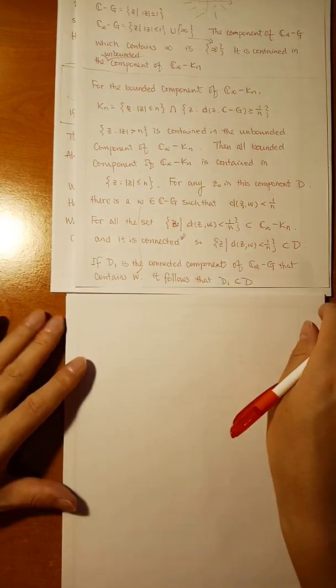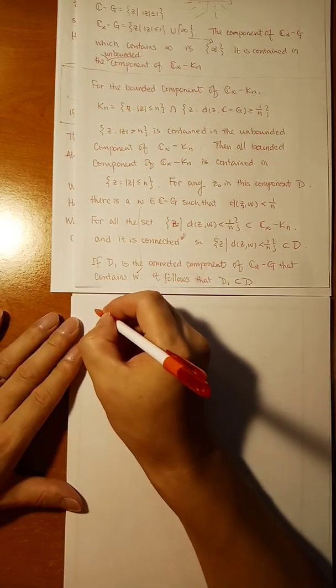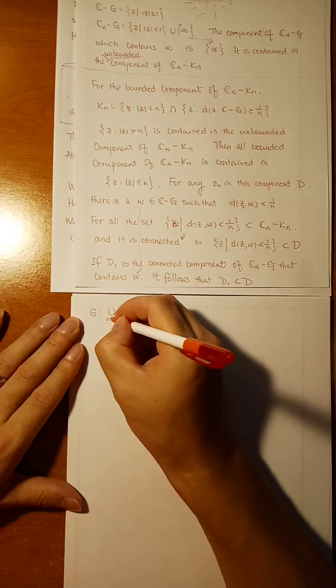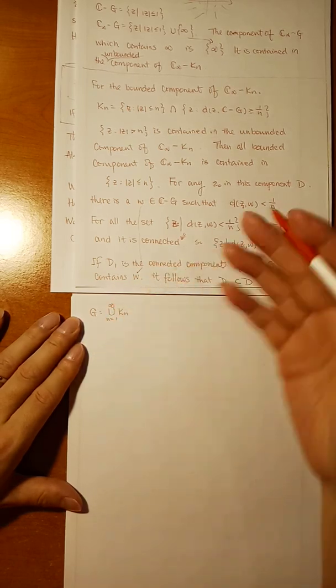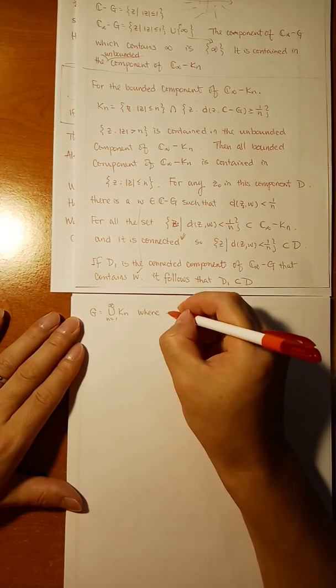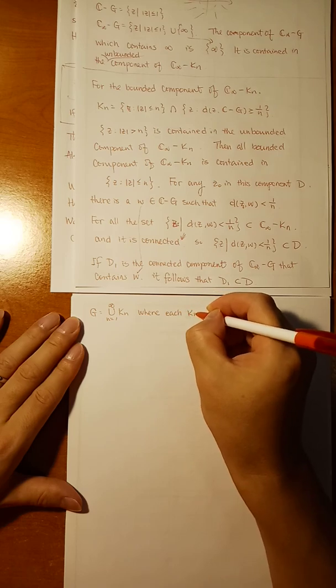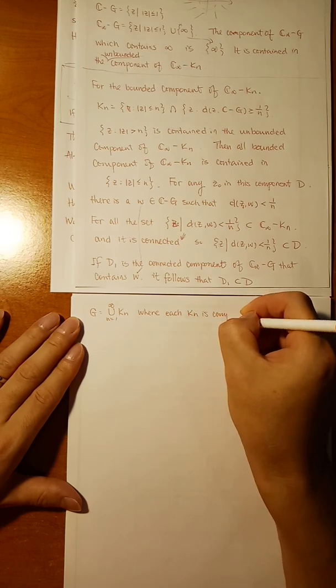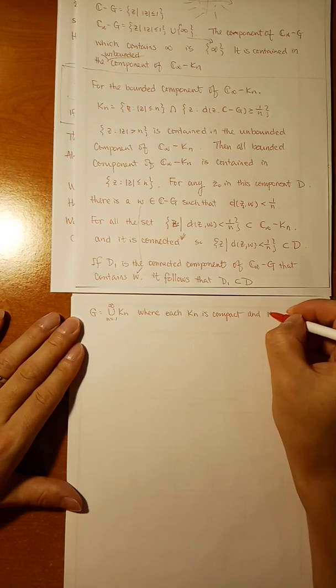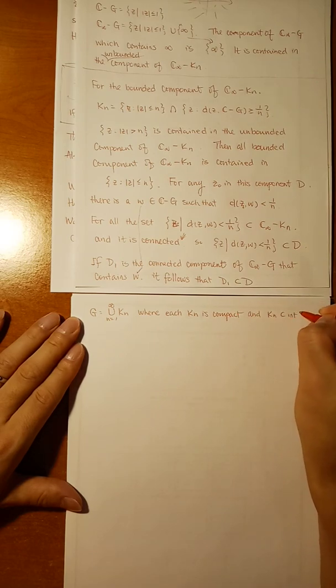Okay, so here G is the union of Kn, n from 1 to infinity. Kn is a sequence of compact sets where each Kn is compact and Kn is a subset of the interior of Kn+1.